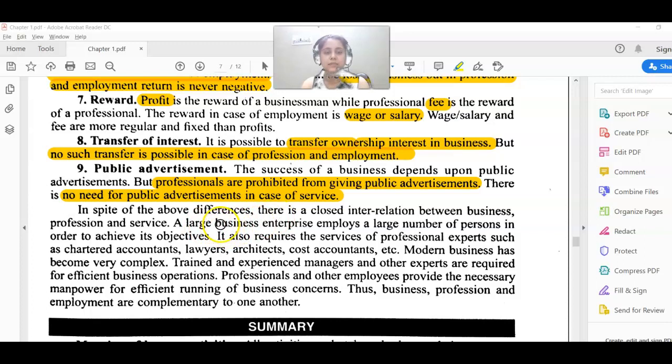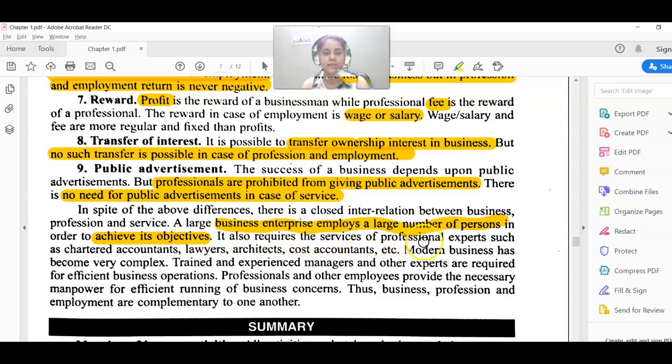So a business enterprise employs a large number of persons in order to achieve its objective. For example, today I open up a factory. I can hire a company secretary. I can hire a chartered accountant. Those are the professions I'm hiring, they will be my employees. So everything is mingled up and they are so much interrelated.